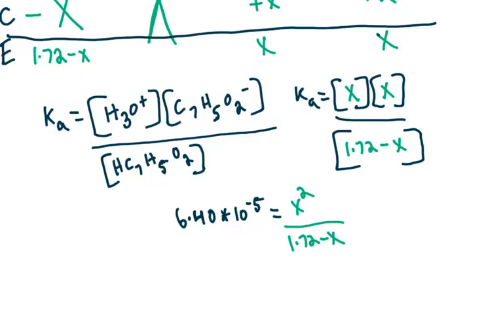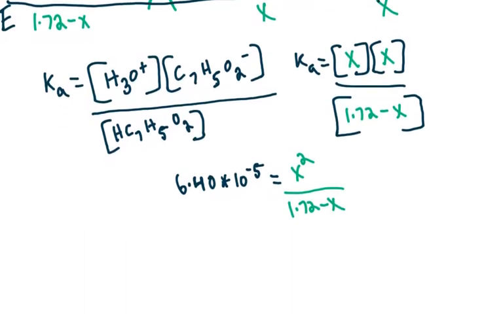So if we assume that X is a very small number for the denominator, then that means 1.72 minus a very, very small number will also equal around 1.72.